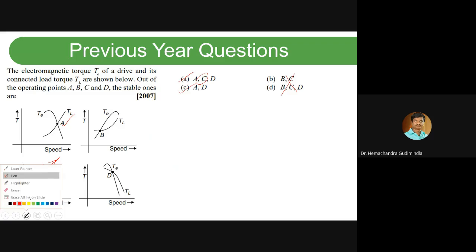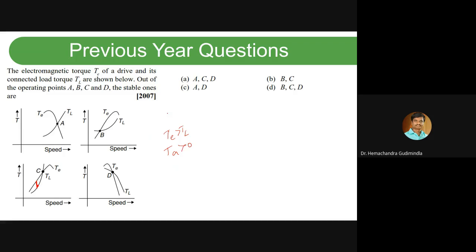Now if I take this position, TE is greater than TL. That means TA is greater than 0, because TA equals TE minus TL. So definitely it is greater than 0. So it will accelerate. Accelerate means speed will increase towards this direction, and it will reach point C.